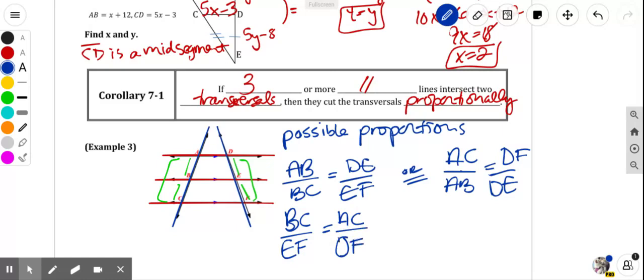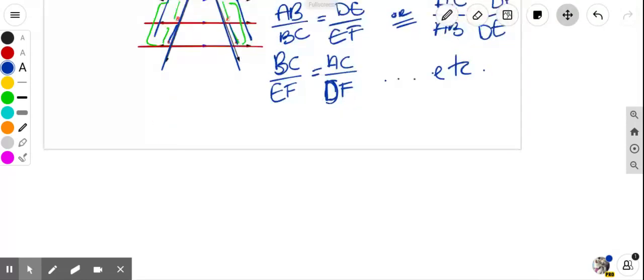Whoops, not OF, DF. So I did like this to this equals this to this. So I'm going to put like etc. There's a lot more. We're not going to list all of them. I just wanted to show you a few different ways you can set it up. So when you have a situation like this, there's lots of ways you can set it up. That's the point of this.